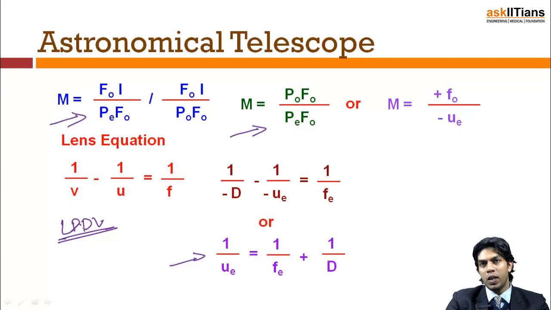For arriving at the conditions for LDDV, the least distance of distinct vision, the only thing we changed was to place D, that is LDDV, in the expression. That's all we needed to do here. In place of V, I substituted this and end up getting this.